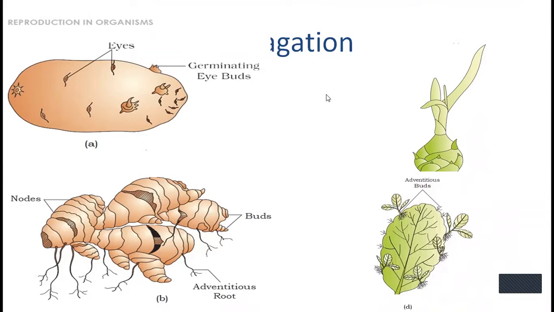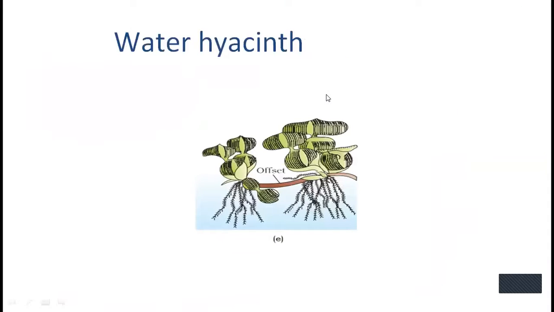Bulb is used. Now see water hyacinth offset. These are the two nodes in the stem, and that offset part is used. When the offset part comes in contact with damp soil, new roots are produced.